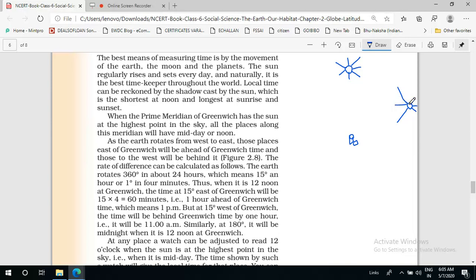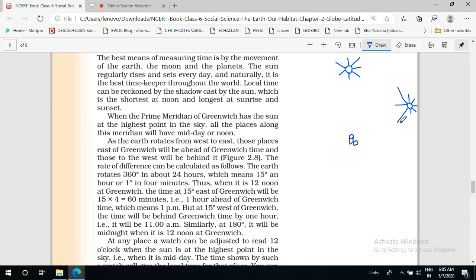Okay, all these things will become clear to you in previous classes and in following classes and with other subjects also. These are the topics of science.